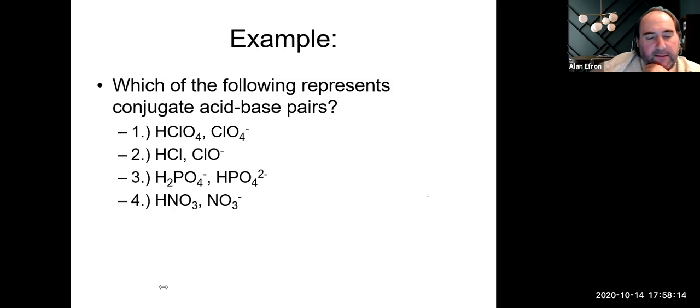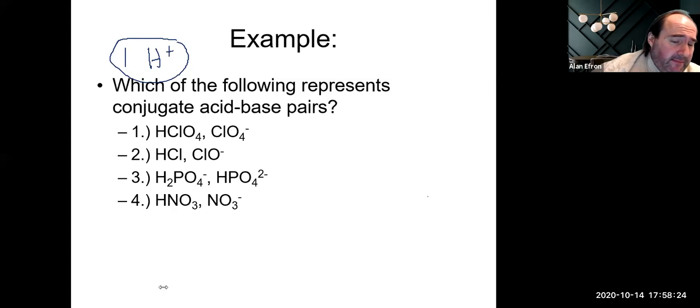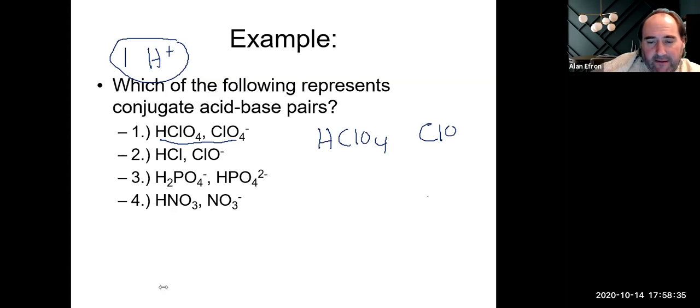Okay, so let's take a look. Remember that what we're looking for here is just that one H plus difference. So however you want to look at it, either somebody gained the H plus, or somebody lost the H plus. When we look at these two, HClO4 and ClO4 minus, the only difference between them is one H plus.